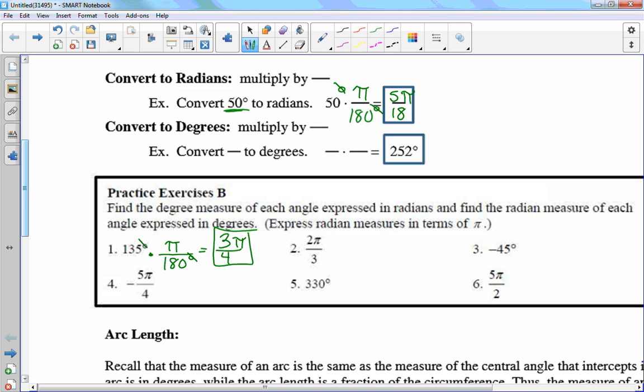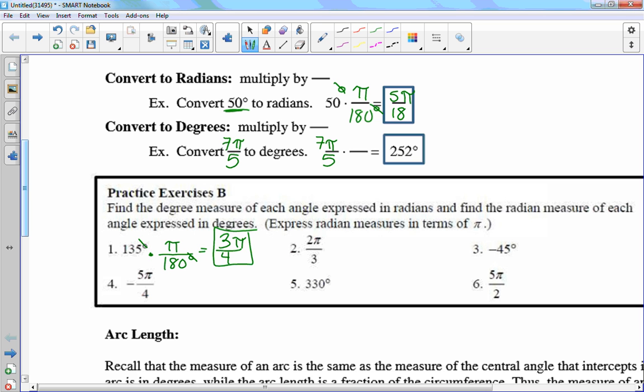Okay, now we're in reverse. Now we're going to start with radians and go to degrees. The radian I want to do is 7 pi over 5. I'm going to convert 7 pi over 5 to degrees. Then we have to cancel units. If I have a pi on the top, how am I going to cancel that pi?